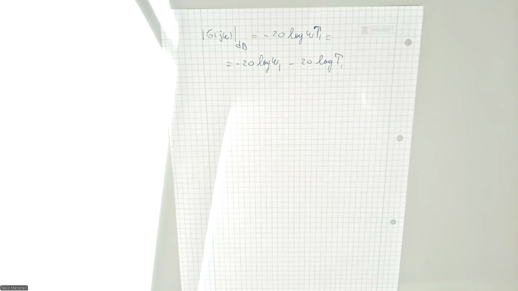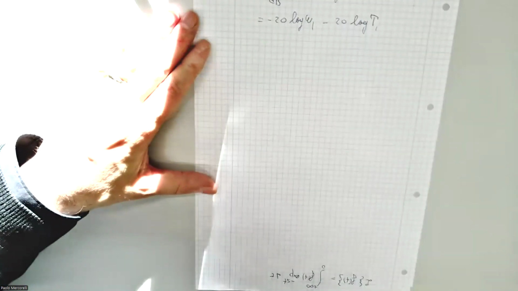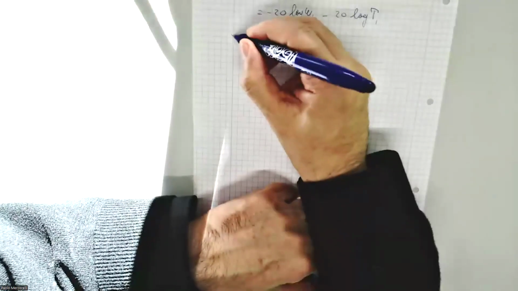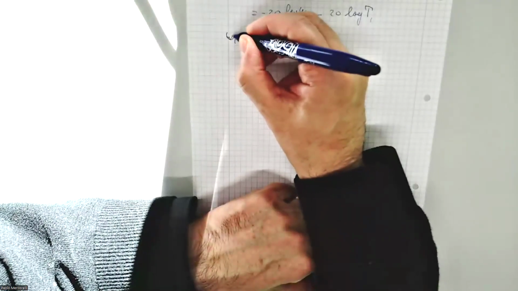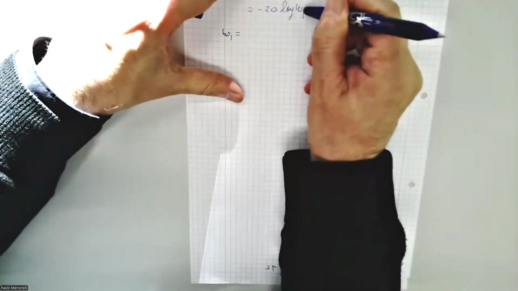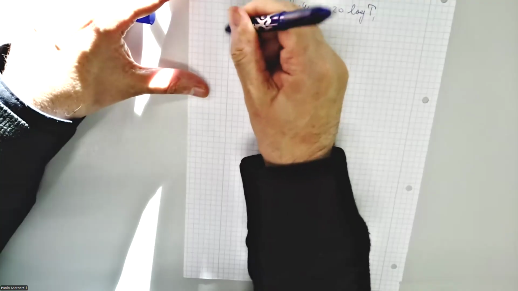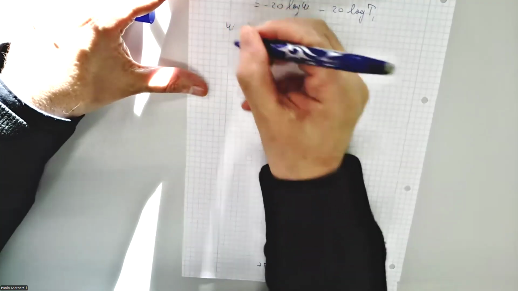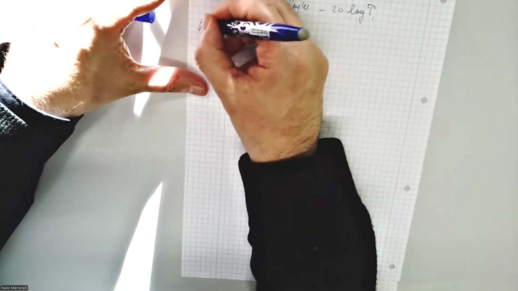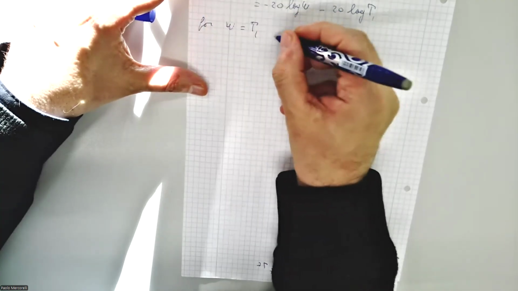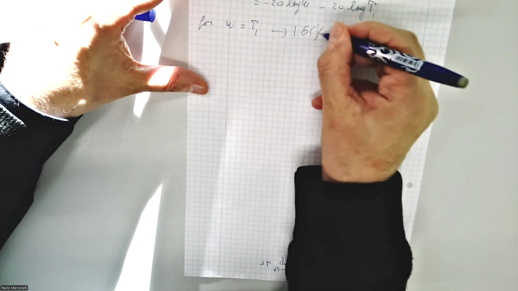Logarithm A multiplied by B, in this case, not divided, is logarithm A plus logarithm B. So minus, there are more minus. Now, it's clear for omega. Okay, now. For omega equal 1 divided T1 is implied, I already justified this.